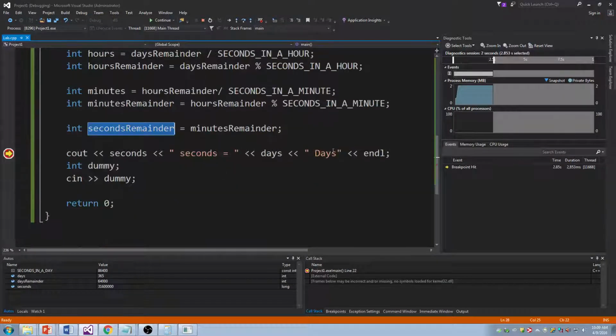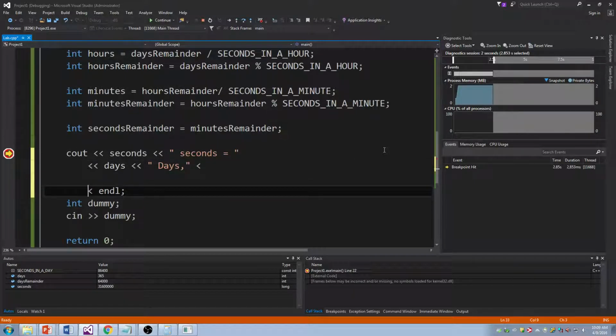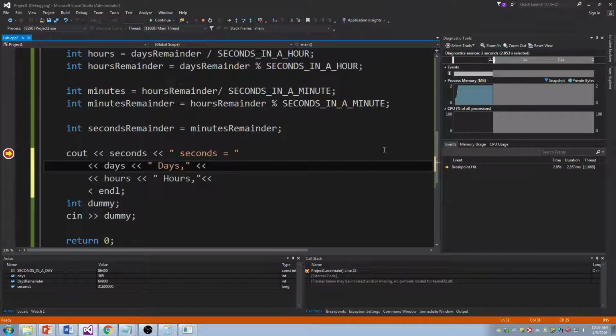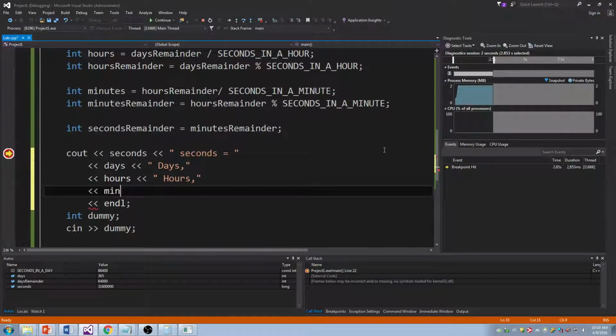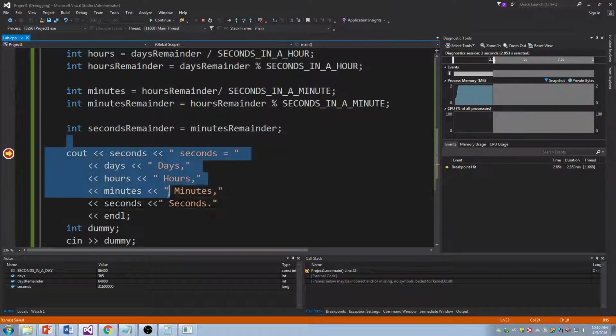So now we can type out all of our pieces of info here. We can do days. I'm actually going to do these on separate lines here. There I'm printing out.